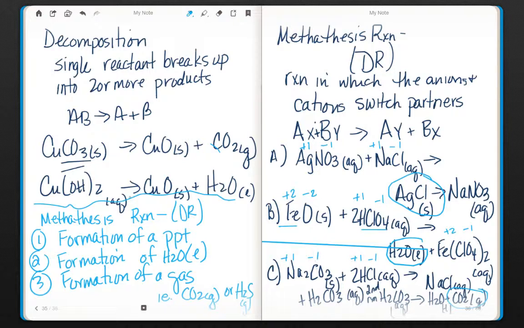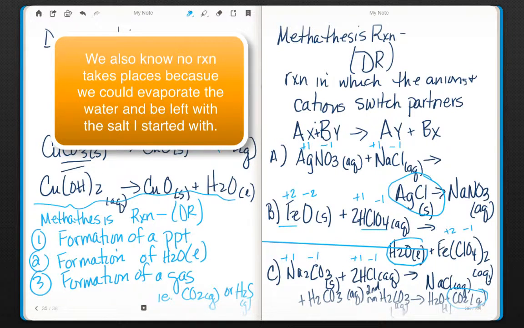The 2 just dissolve in one another. There's no reaction that actually takes place. All right, that reviews reactions, and you're not going to see any of that in the book.